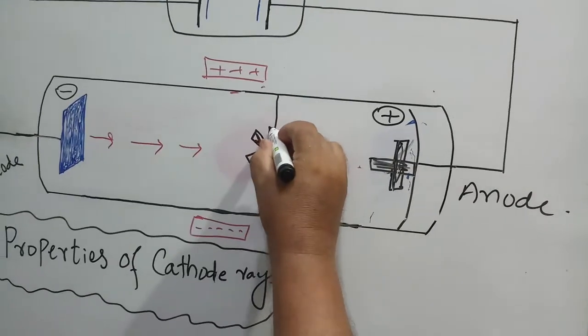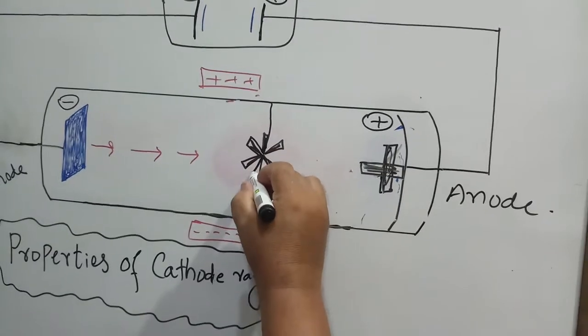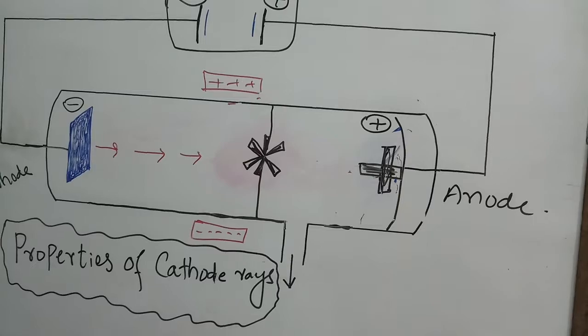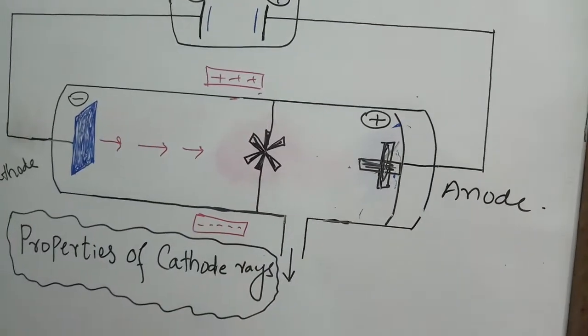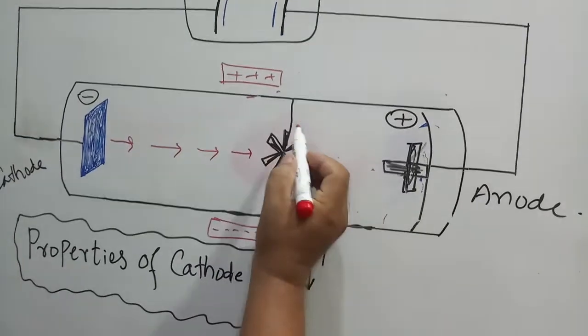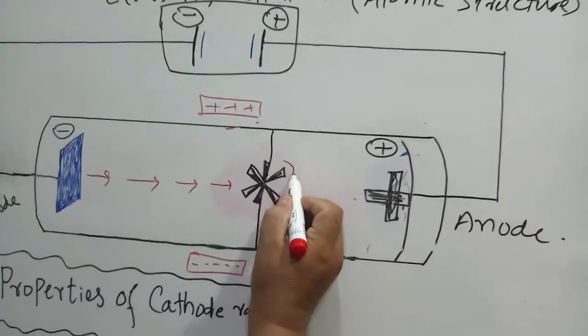It was placed in the path of the propagating cathode rays. When cathode rays strike this small wheel, it causes a slow rotation.